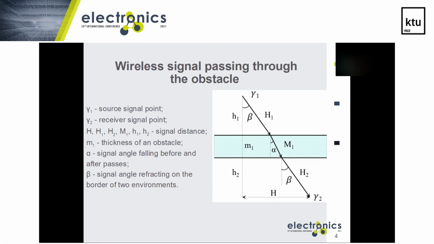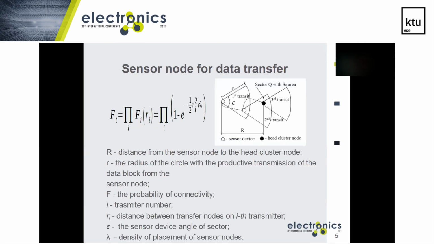In this distribution of a signal, the trajectory changes from a straight line to a broken line. This route passes through several nodes that perform transfer functions, and then the probability of a route between two nodes will depend on the length of the route and the probability of connectivity of these nodes.